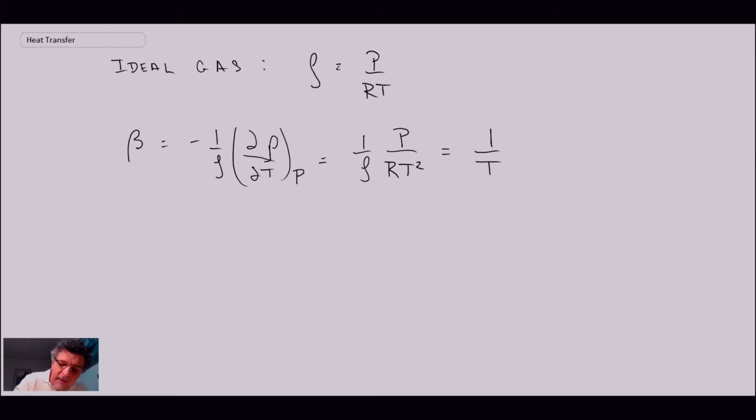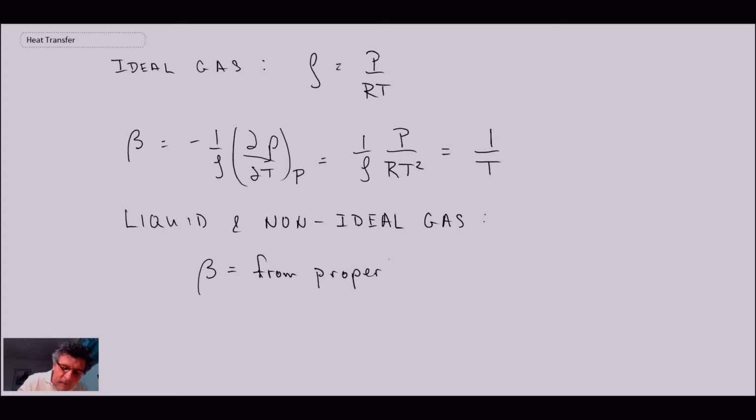Then making a substitution for the density, we get 1 over the temperature in Kelvin as beta for an ideal gas. If we're dealing with a liquid or a non-ideal gas, beta would come from property tables. So that's how we handle beta, our volumetric thermal expansion coefficient.